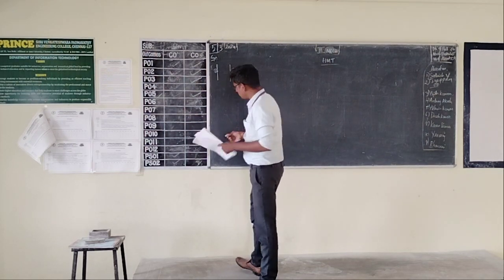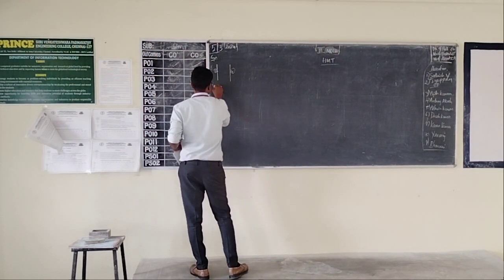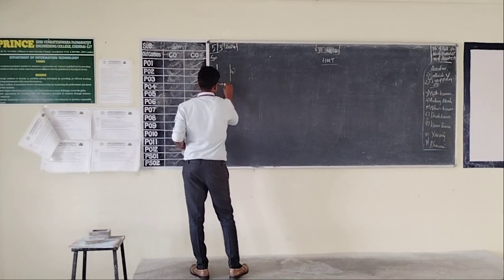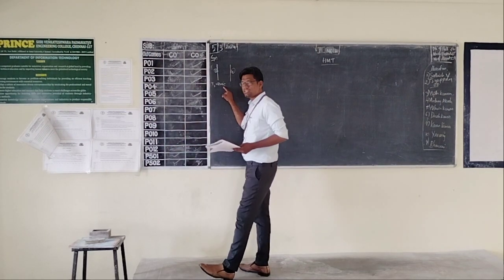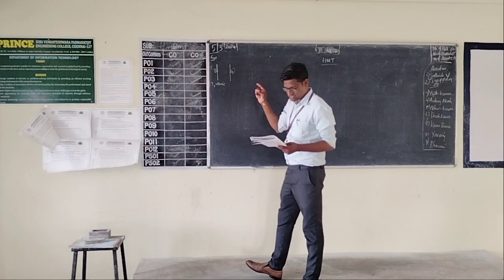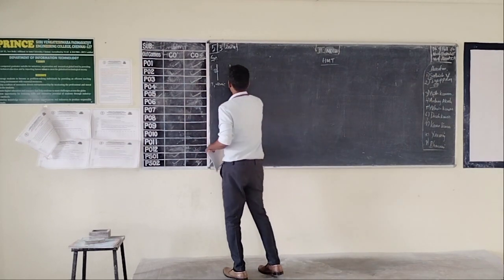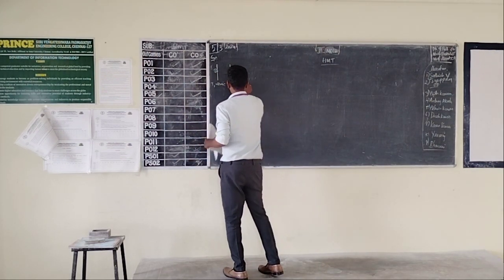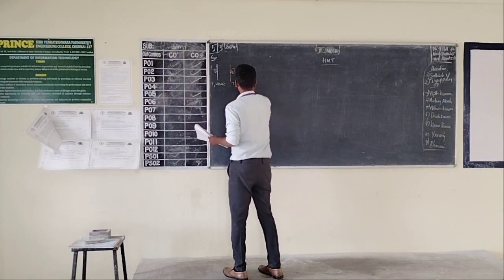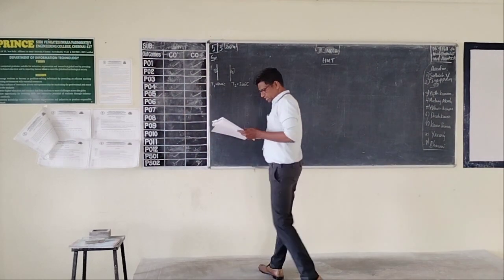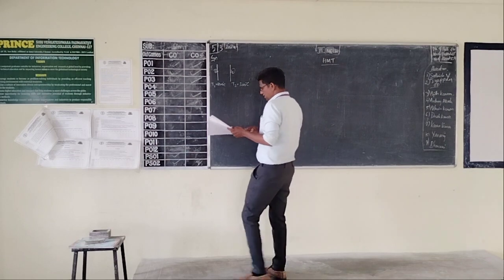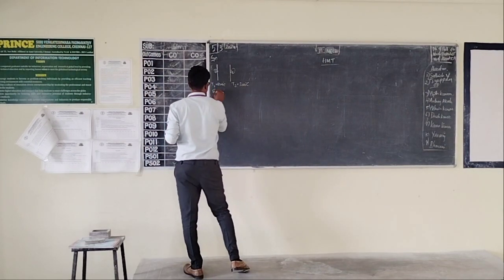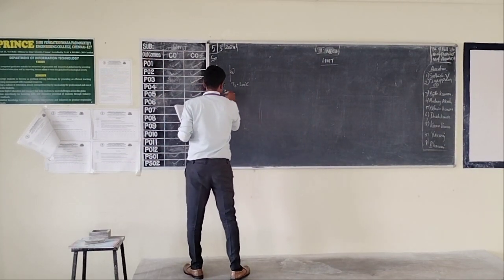Temperature T1 is 800 degrees Celsius. It is given in Celsius; in the previous problem, the temperature was mentioned in Kelvin. And T2 equal to 300 degrees Celsius. Emissivity is given as 0.5.